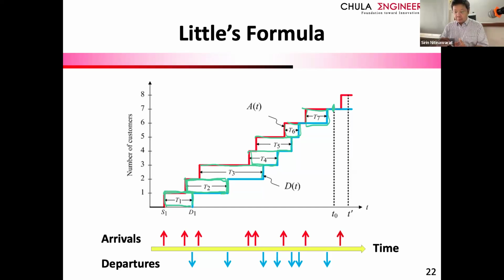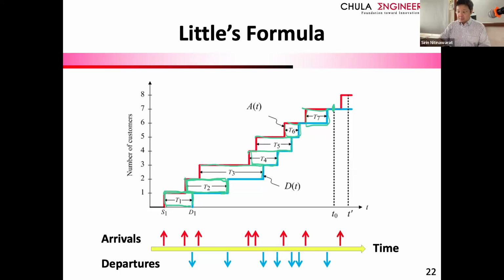So what can you observe if I sum up all these areas, T1, T2, T3, T4, T5, T6, T7? The sum is the same area between the curves that I did the integral with in the first place.